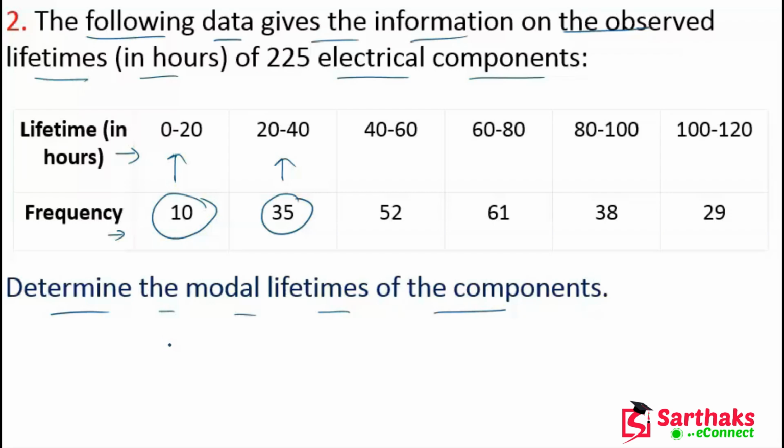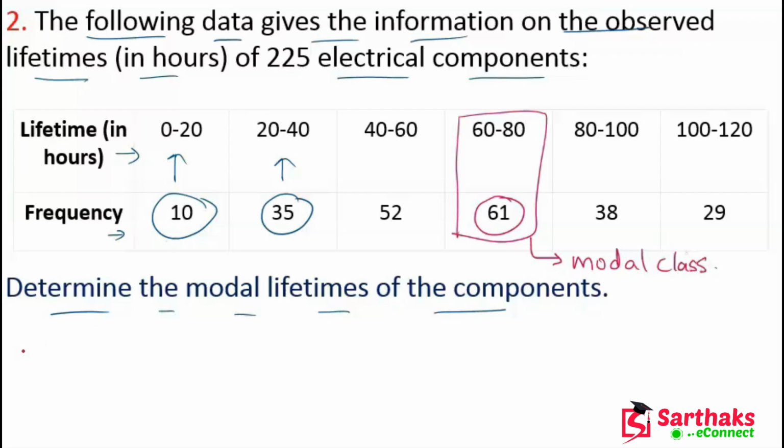Again, first of all, we have to find the model class. In every question, before starting the solution, we have to find the model class first of all. Now in this case, 61 has the highest frequency, so this class is the model class.